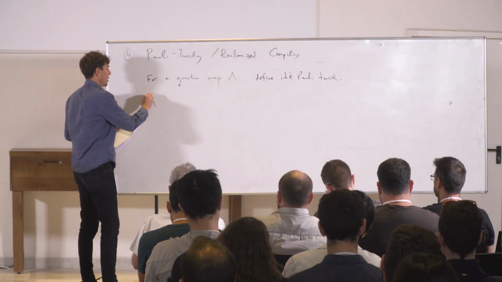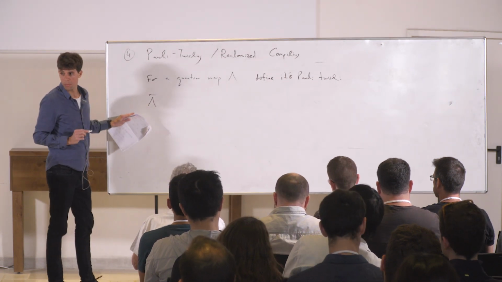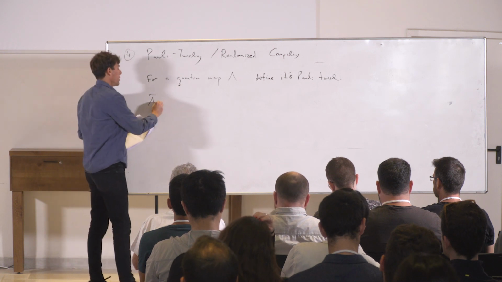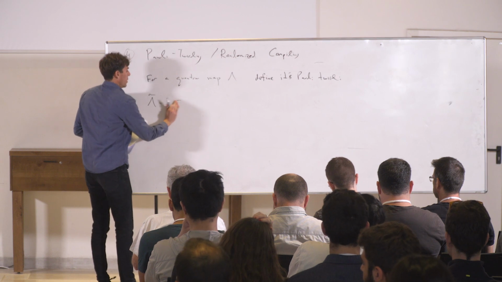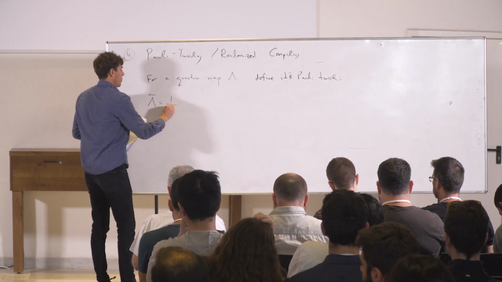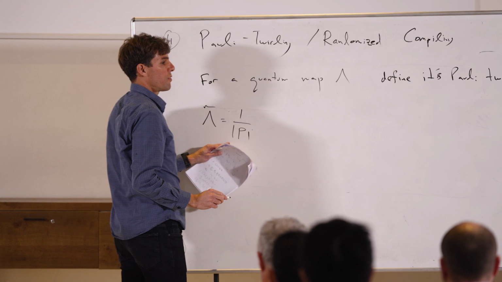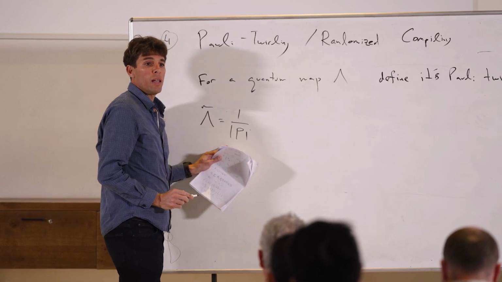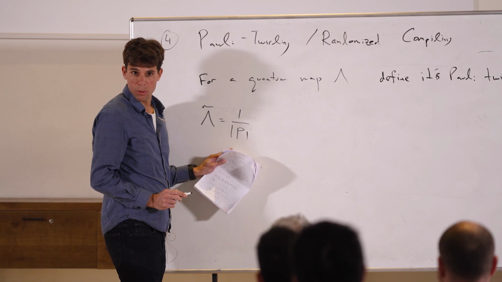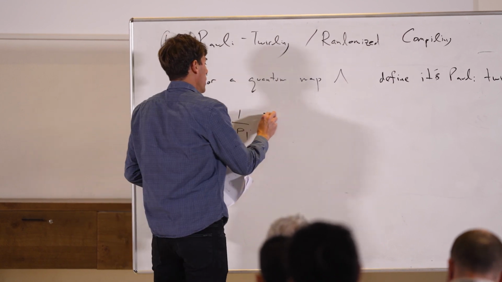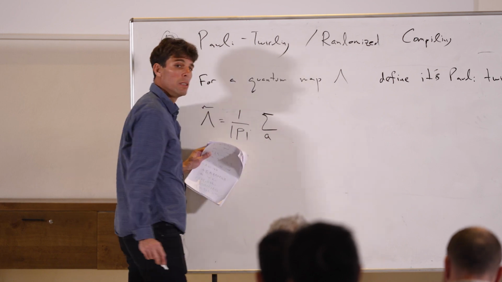So in super operator language, lambda tilde, the twirled version of lambda, is going to be, first there's some normalization factor, which is just the number of possible Pauli strings. Okay, so this is what P is. And then I'm going to sum over A.